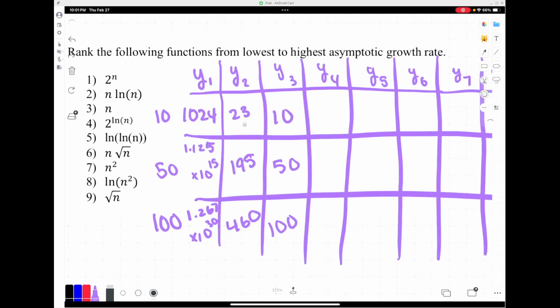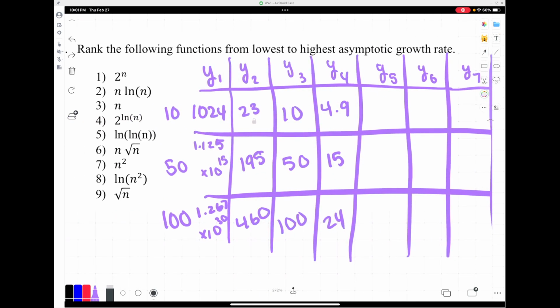For the fourth one, it's 2 to the ln of your number: 4.9, 15, 24.